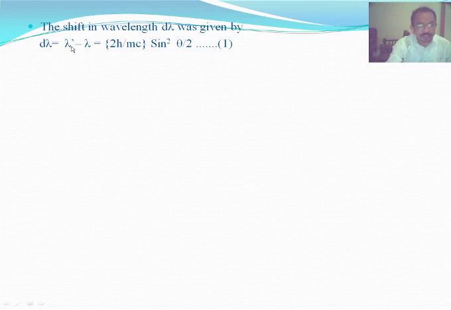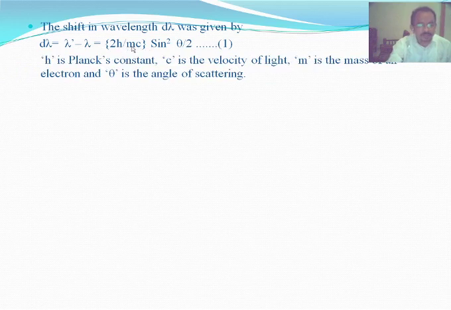Lambda dash is the wavelength of scattered radiation and lambda is the wavelength of incident radiation. This is equal to 2h upon m c into sine square of theta by 2, where h is the Planck constant, m is the mass of the electron, c is the velocity of light, and theta is the angle of scattering.